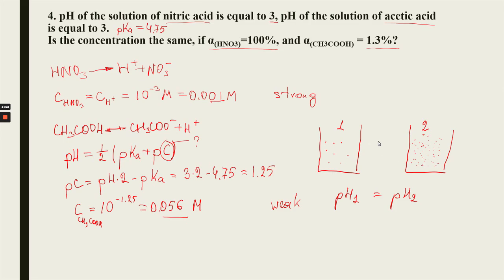But they have the same pH because in a strong electrolyte, molecules dissociate fully, 100%. But in weak electrolytes, molecules dissociate just in a very small percent, 1.3%. This is important. I hope you understand that difference.